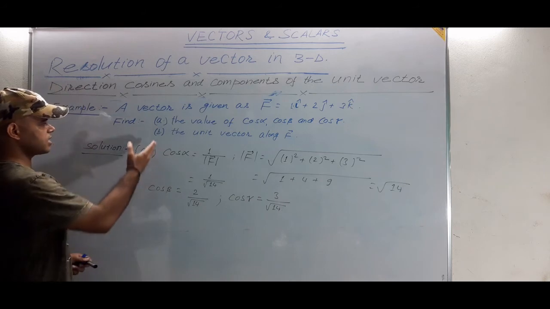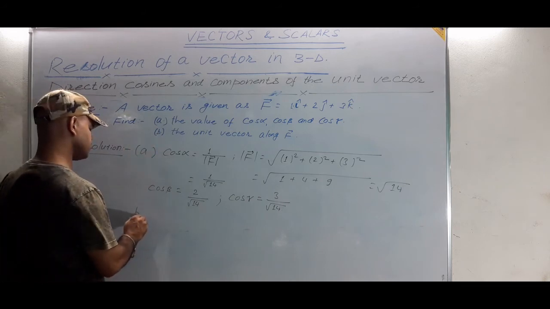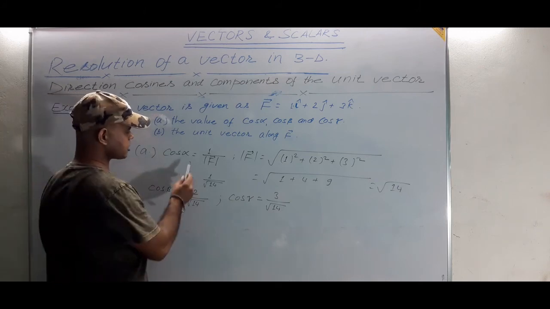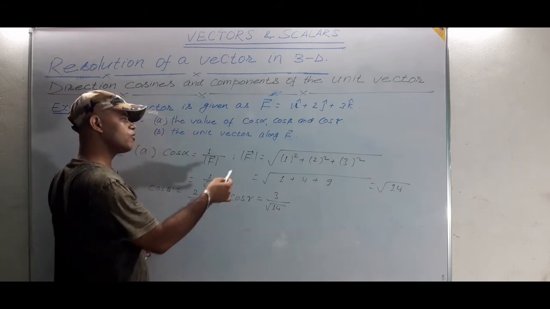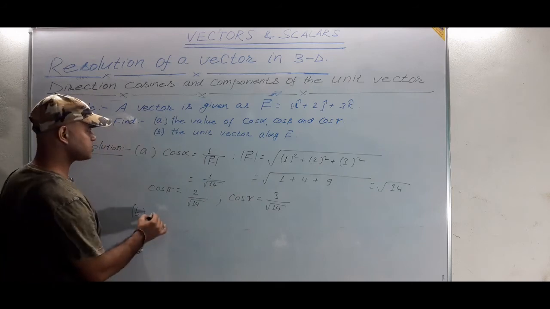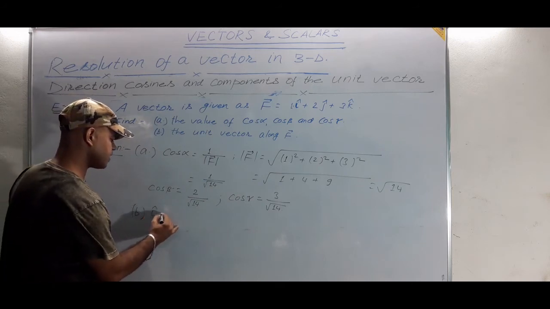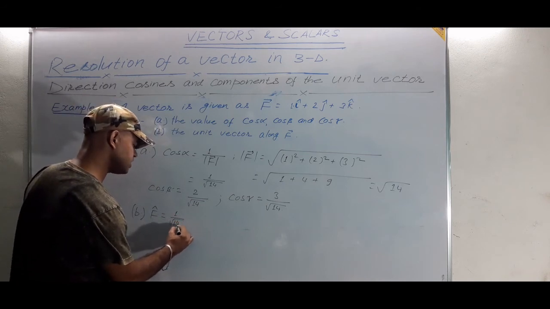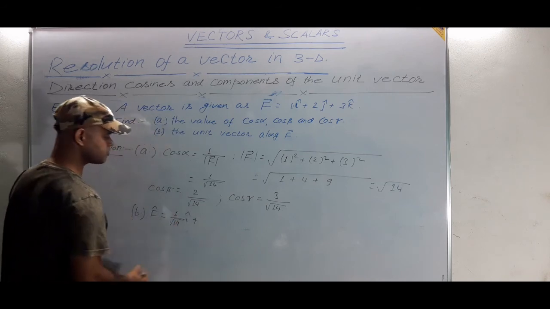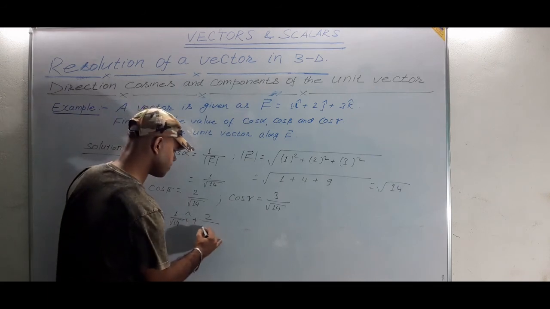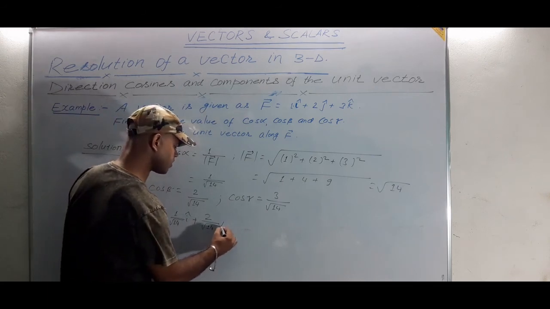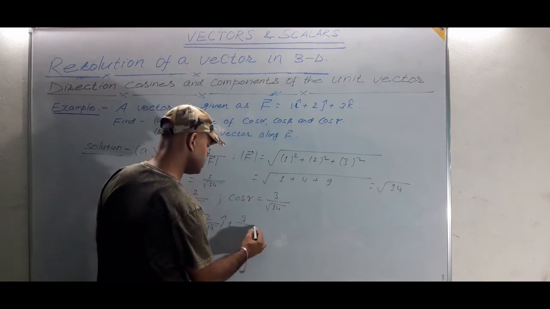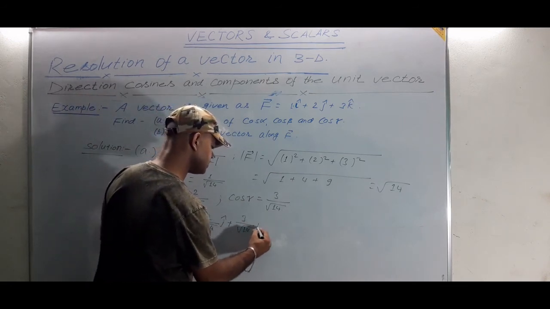So we can directly calculate the unit vector along the f vector. We know direction cosines are the components of the unit vector. So we can simply write f cap as cos alpha i, meaning 1 upon root 14 i cap, plus cos beta j, so 2 upon root 14 j cap, plus cos gamma k, so 3 upon root 14 k cap.